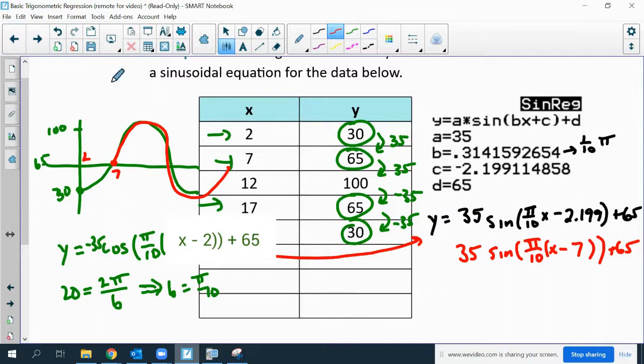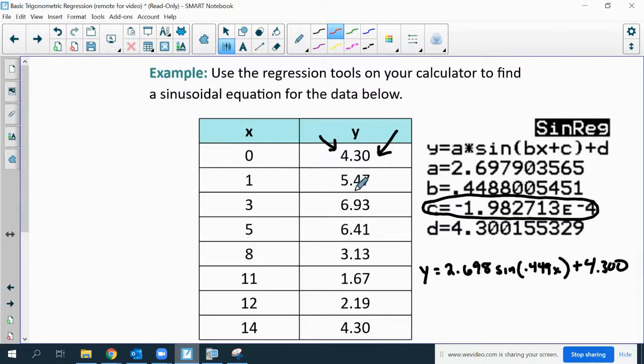Now, what makes this different from one that doesn't have exact points is that a regression equation gives me a line or a curve of best fit. And so this one is giving me something that fits the graph the best out of all possible sine or cosine sinusoidal graphs.